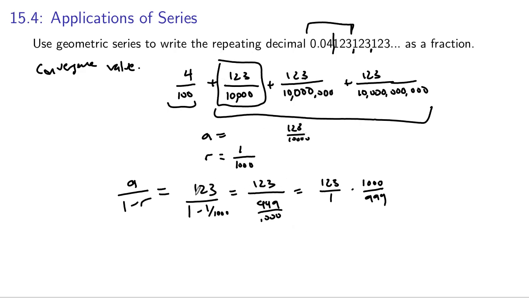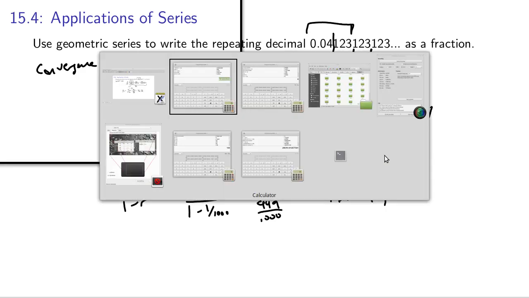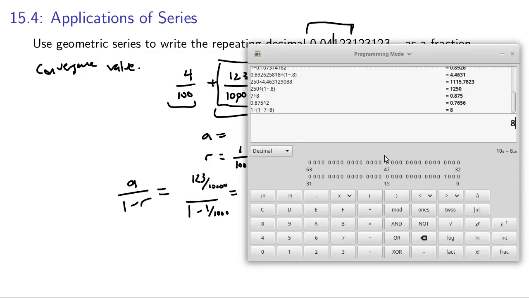So we really have 123 over 10,000 in the numerator, times 1,000 over 999. So that leaves us with 123 over 9.